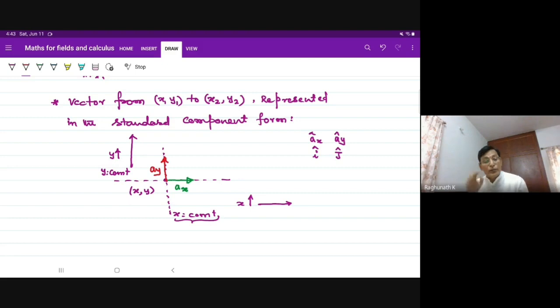Wherever you go, since all y is equal to different constants lines are parallel, if unit vector is perpendicular to one line, it is perpendicular to every other line. You know that. Ax and Ay have fixed directions.